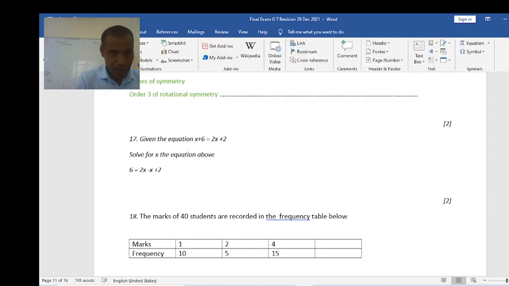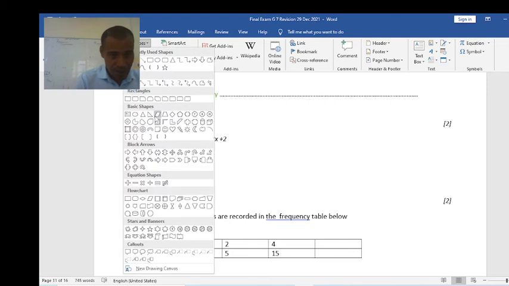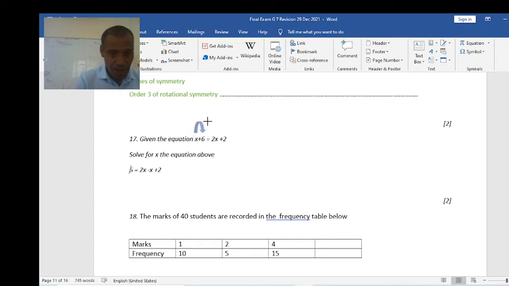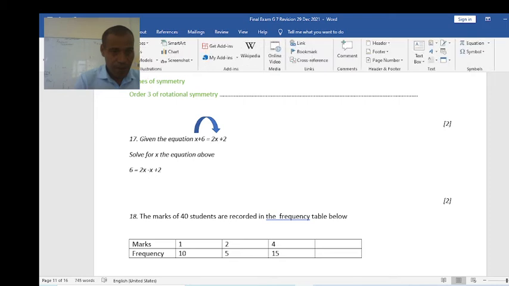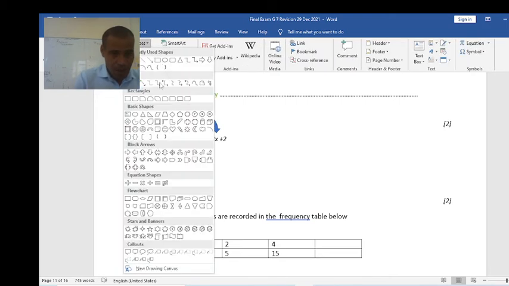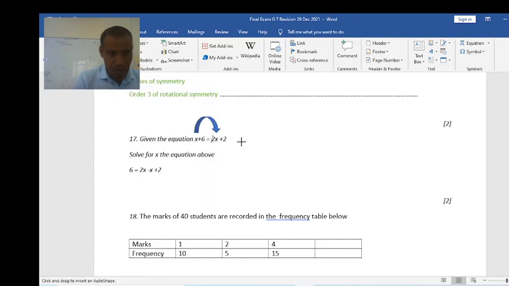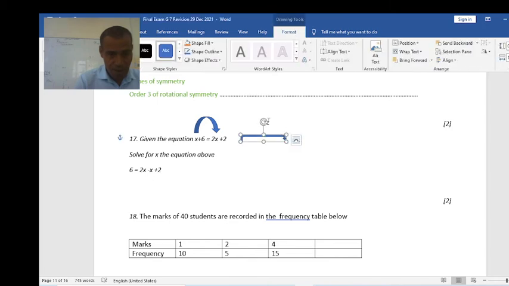I want to rotate this first, and then solve the problem. Okay.